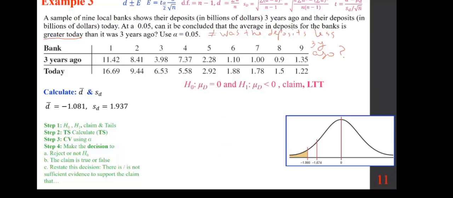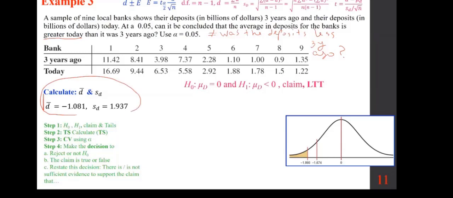They are equivalent. And that's what we are doing, because the first row, in this case really the second one, we're going to subtract the next one from it. So it's 11.42 minus 16.69. That's what we are using. If we do it the other way around, then we have to calculate it for the case where mu sub d is larger than 0. I want to make sure everybody understands that one too. If you go with greater than, what happens to your calculation?